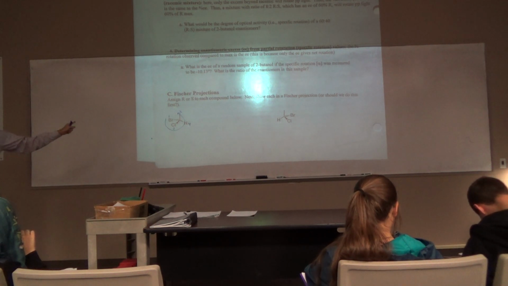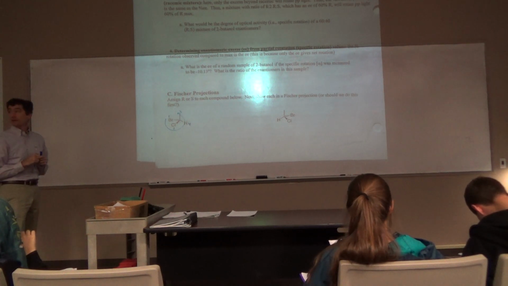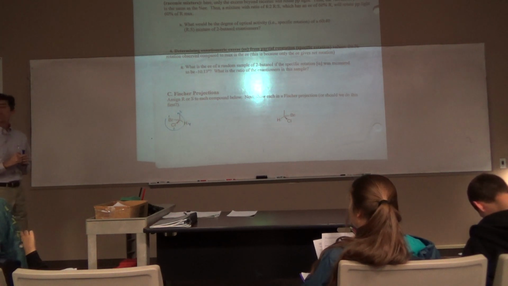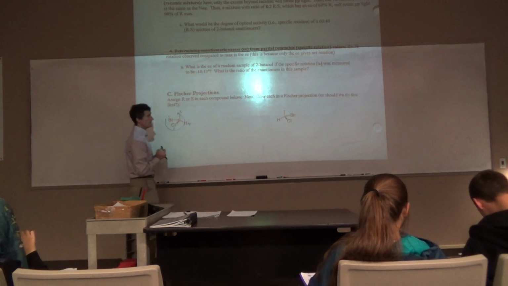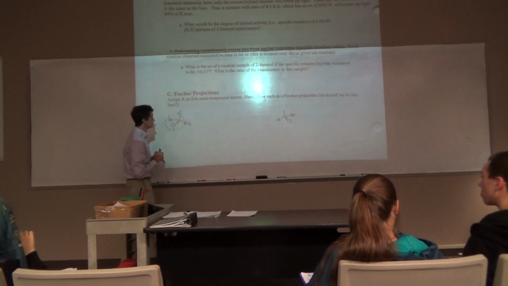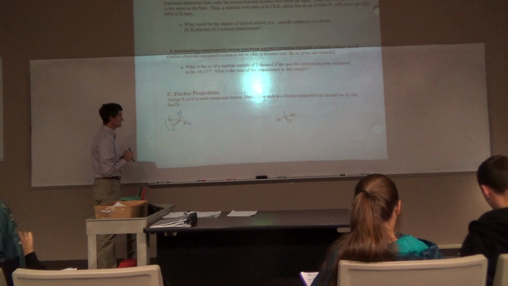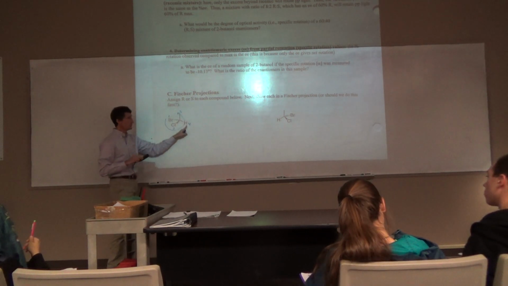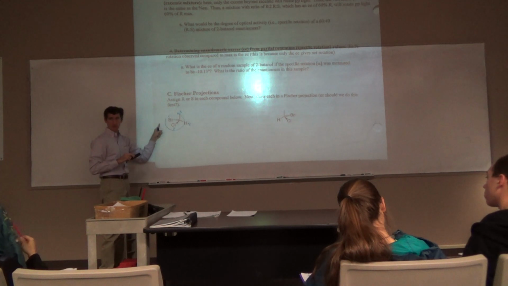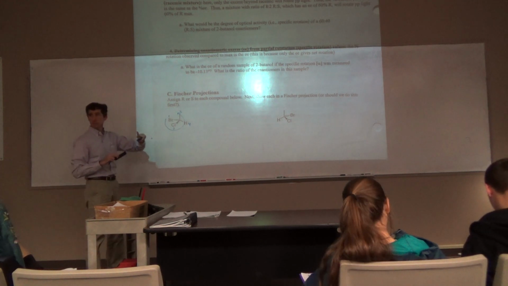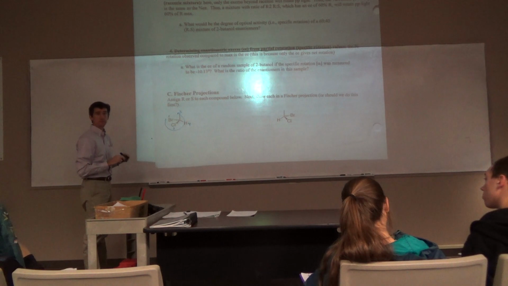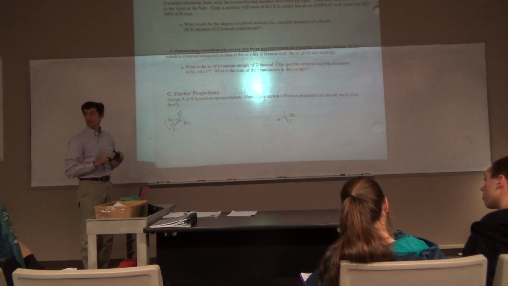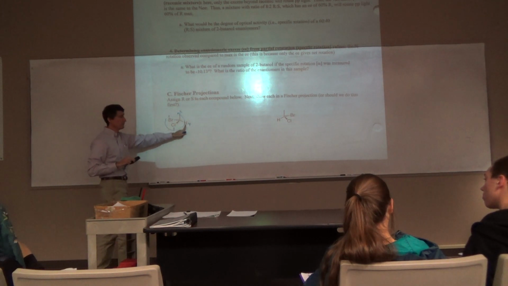Go ahead and look at the side. You've got a 50-50 chance. If the low priority group was in the back, we can say this is S. If it was in the front, we could just reverse it. It would be R. What do you do with it in the plane?